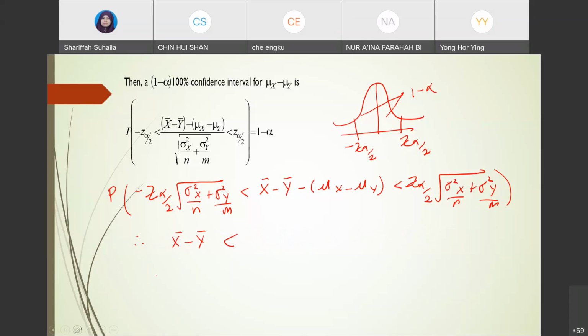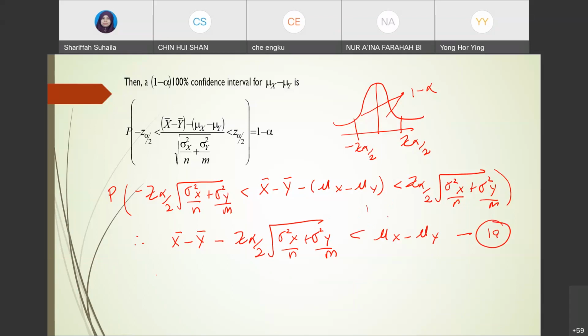Okay, so here we just have minus z alpha over 2 square root sigma square x over n plus sigma square y over m. Okay, so again here, so dia akan jadi macam ni lah, mu x is okay. So ini katakan 1a. Okay, so ini kiranya saya bawa ke sebelah kiri. So jadi x bar minus y bar minus z alpha over 2 square root sigma square x over n plus sigma square y over m.